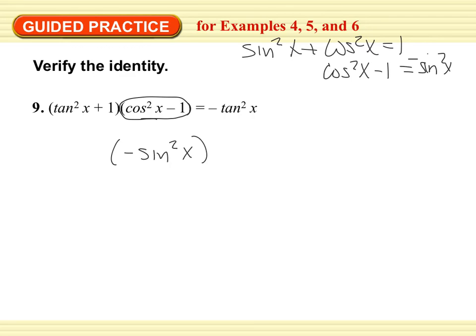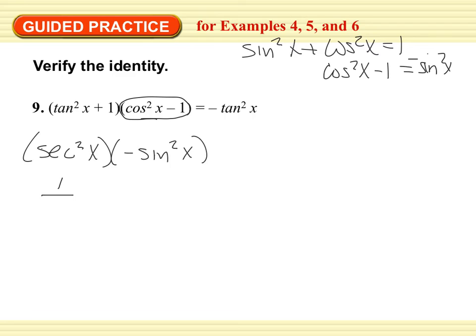Tangent squared x plus 1. I'm looking at my sheet. Tangent squared x plus 1 is the same as secant squared x. I'm at Pythagorean identities. So this is the same as secant squared x. What is secant squared x?